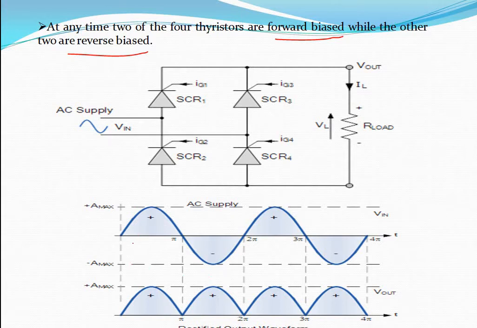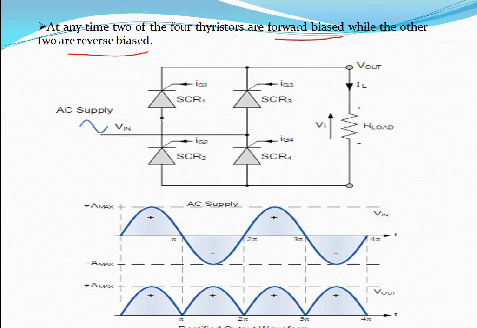The positive half cycle is from 0 to pi, the negative half cycle is from pi to 2 pi. When the AC supply is given, in the positive half cycle, at any time 2 of the 4 thyristors are forward biased. In each limb 1 thyristor will conduct. So here SCR1 and SCR4 conduct in the positive half cycle.